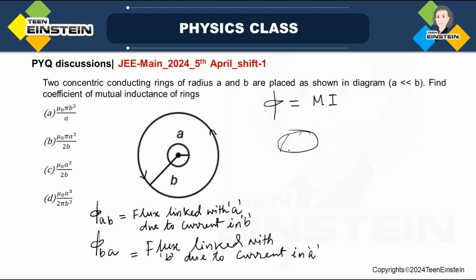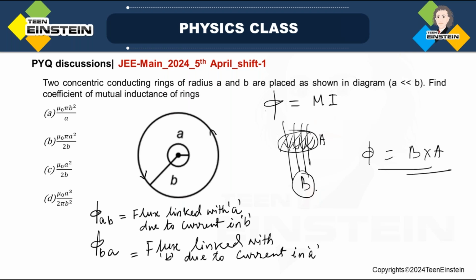If I have a loop like this, and suppose uniform magnetic field lines are passing like this, the strength of the magnetic field is B, and the area of the loop is A, then phi will be B into A, right? If the magnetic field lines are passing perpendicular to the area of the loop, then I can write this. Otherwise I have to take a component, that is a different thing. But the main point here is that the magnetic field has to be uniform.